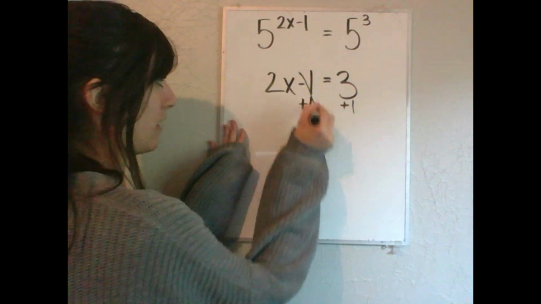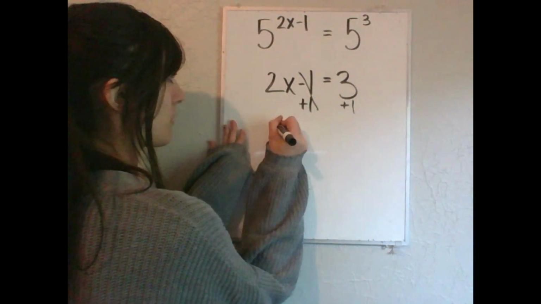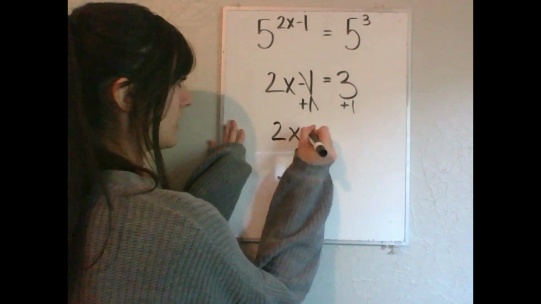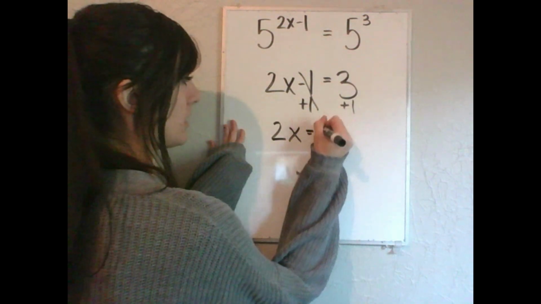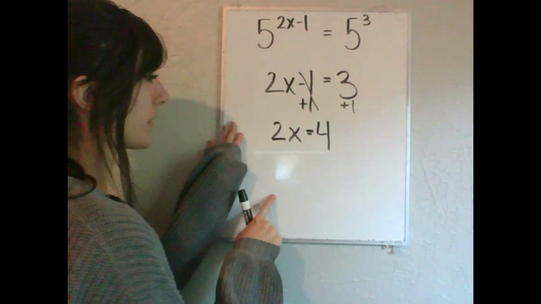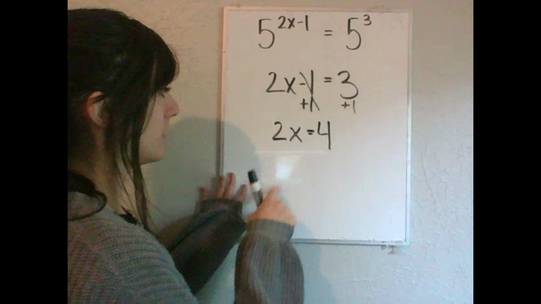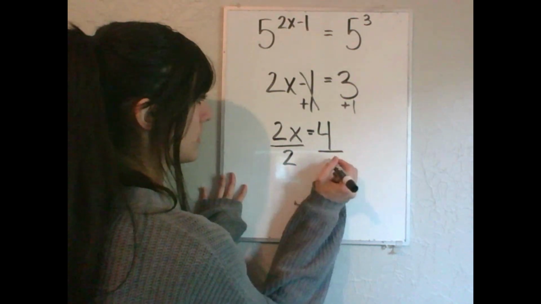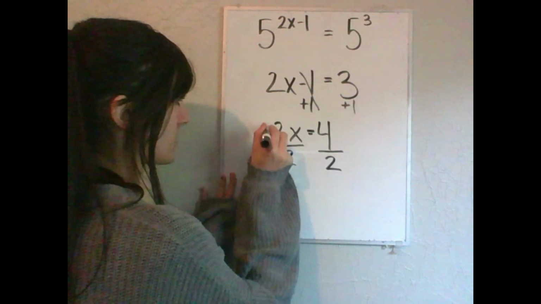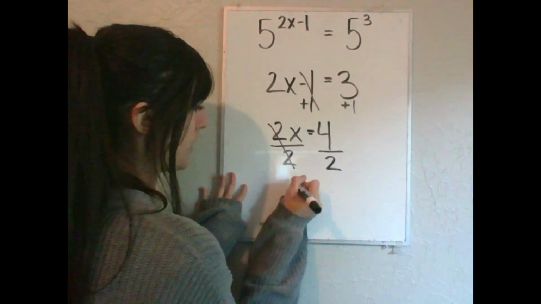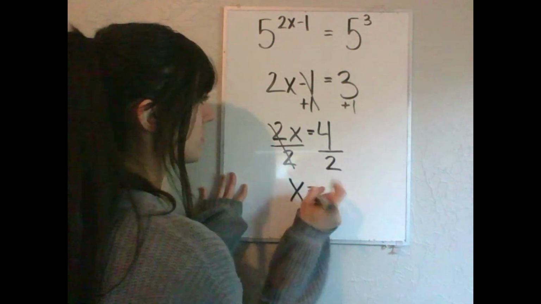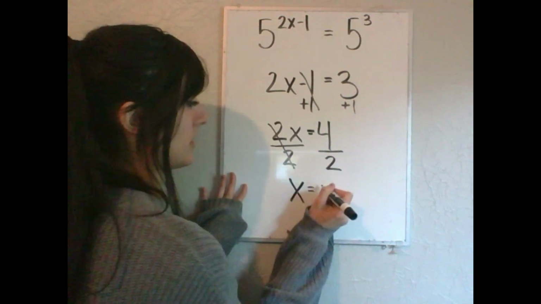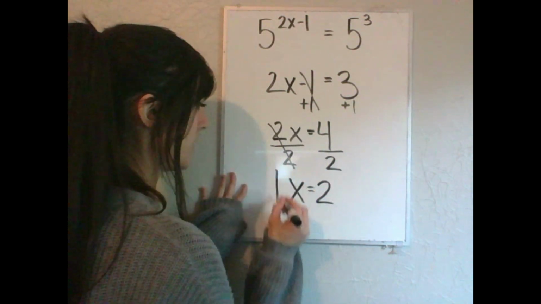It'll cancel out here, leaving me with 2x equals 3 plus 1 is 4. Now I need to divide both sides by 2. It'll cancel out on this side, leaving me with x equals 4 divided by 2 is just 2. Final answer.